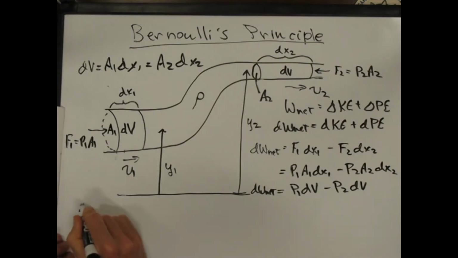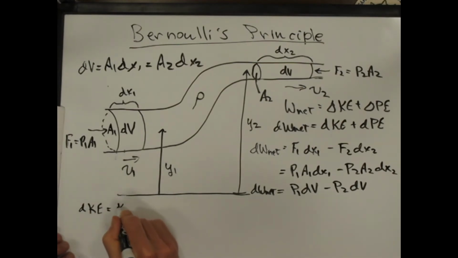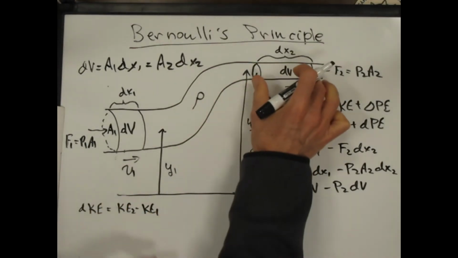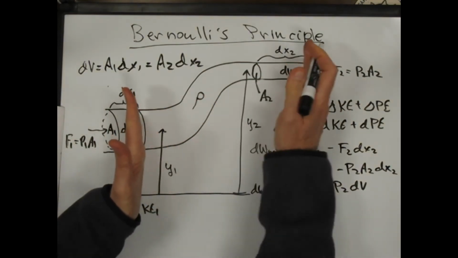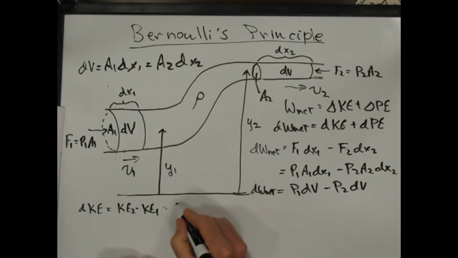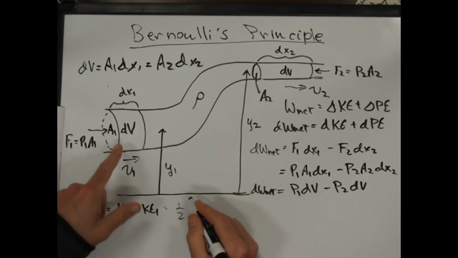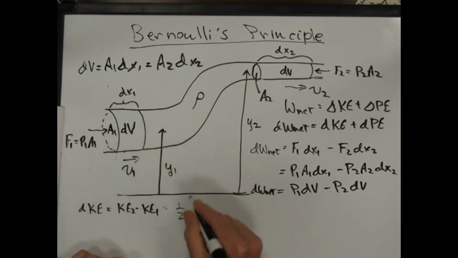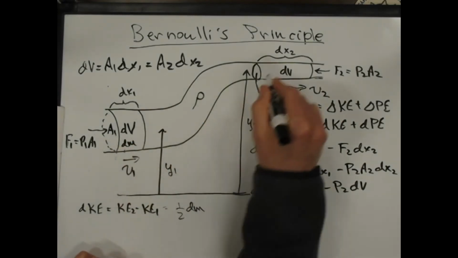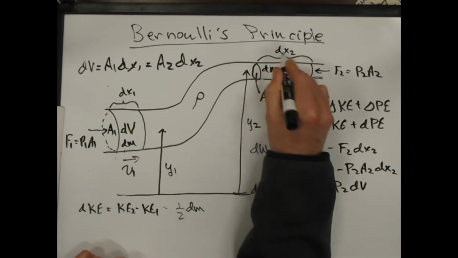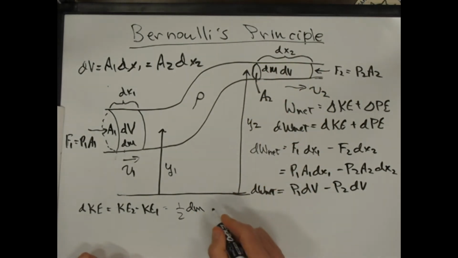And so now let's calculate the change in kinetic energy, right? And it's just equal to KE2 minus KE1. It's how much kinetic energy this piece gained minus how much was lost when we moved from here to here, right? And so this is just 1/2 times the little, we can call this dm. These two guys have the same mass, right? It's just the density times the volume, right?